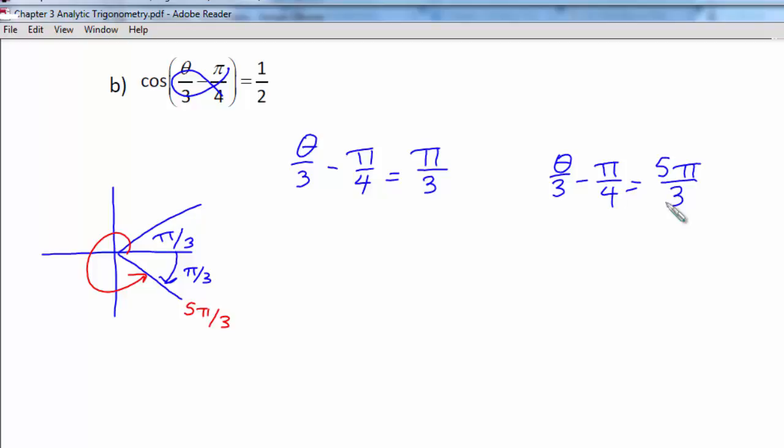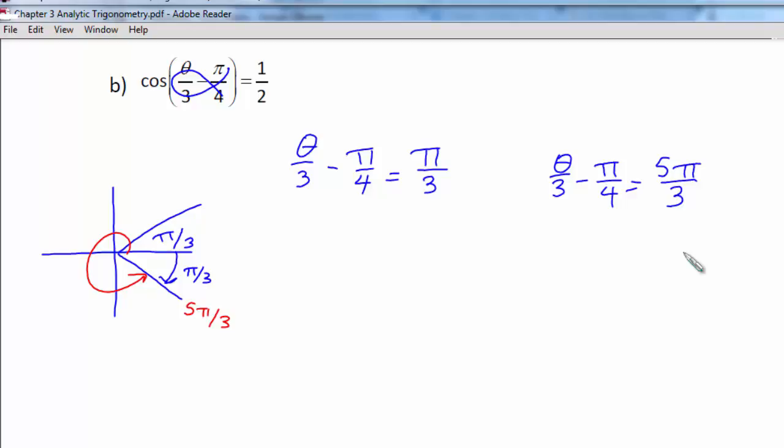Everybody understand why we set that up that way? We're looking for an expression, the one we have here, such that it's equal to 1/2. Well, we know that this expression has to be equal to the angles where cosine of alpha is equal to 1/2. And so we found two angles, pi over 3 and 5 pi over 3. Now we can solve from there.